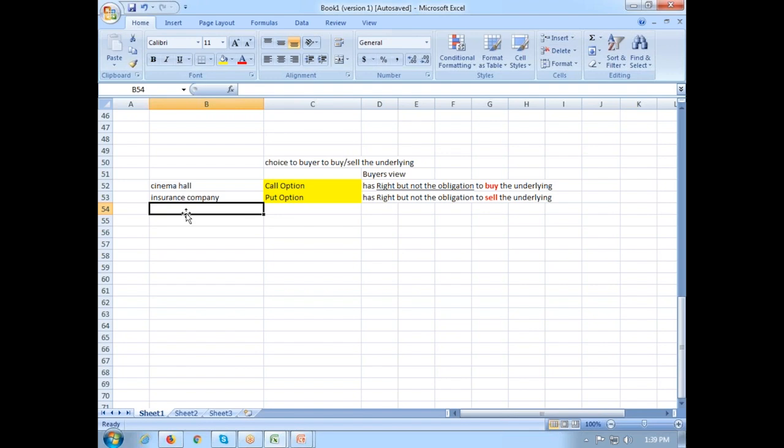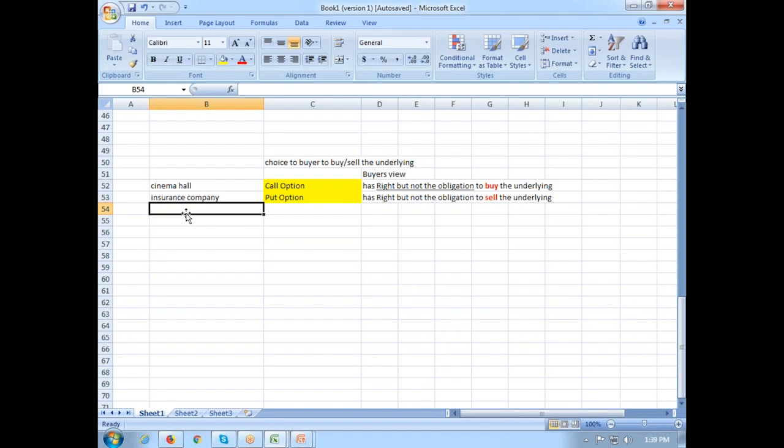Now what happened in the entire scenario? He sold some of his rights to someone. He had rights in his hands. He sold some of his rights to someone, and the rest of the rights he enjoyed. He went to the cinema hall and enjoyed those rights. That is called exercising the rights.